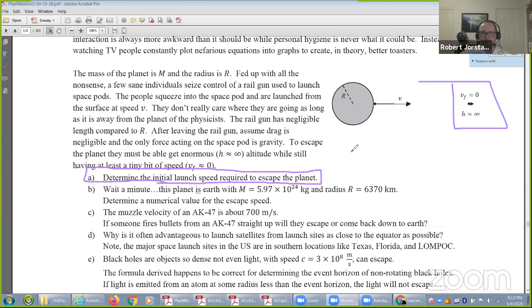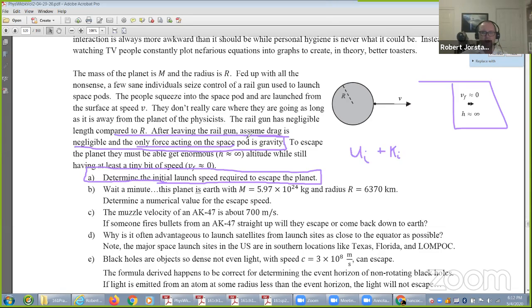Now, so let's take a look. I'm going to have U initial plus K initial. Do I have any non-conservative forces? No. Assume drag is negligible. And the only force acting on the pod is gravity, right?